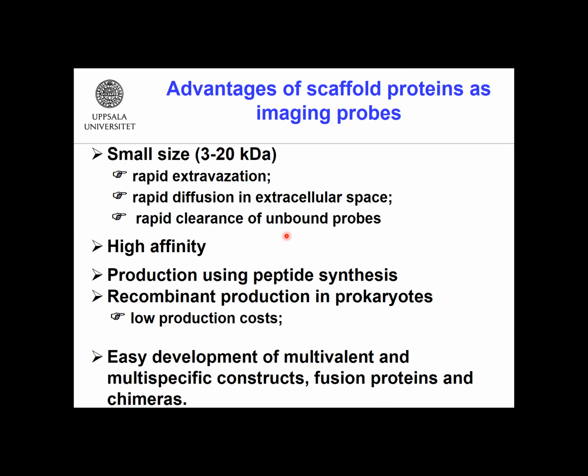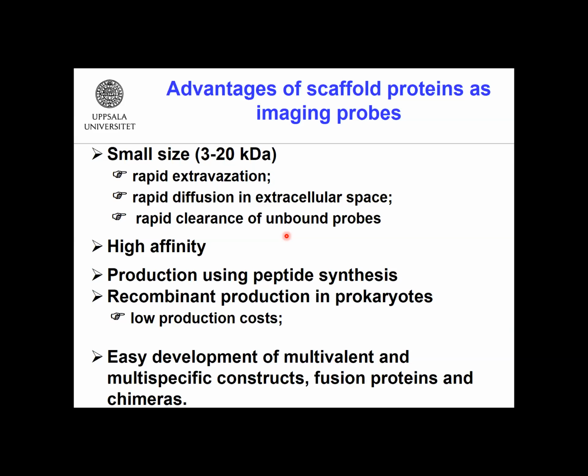First of all, they're quite small. The best variant is only 3 kilodalton. Well, and then typically the size varies between 3 and 20 kilodalton. And this small size enables rapid extravasation. They just filter through the pores in the vessels rapidly outside the blood flow.